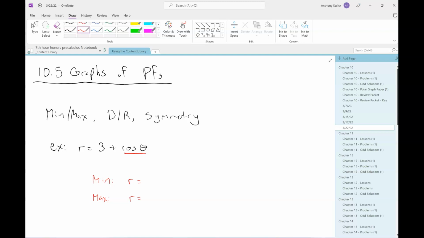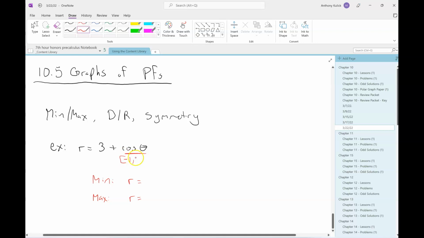So ranges are outputs. What is the smallest number that cosine can output? Not 1, -1.